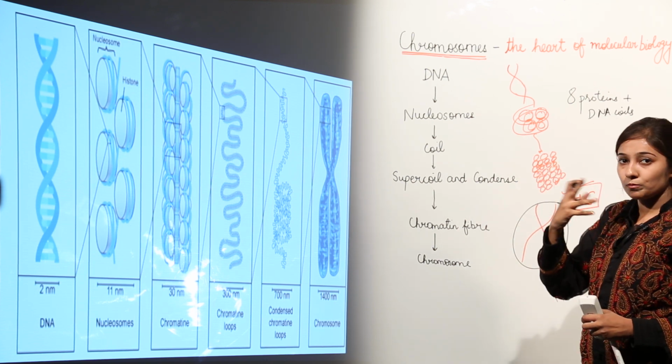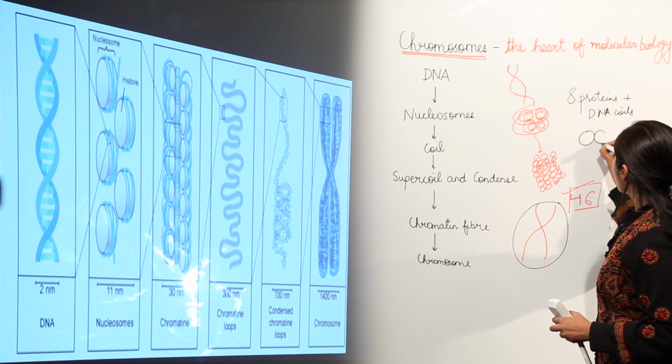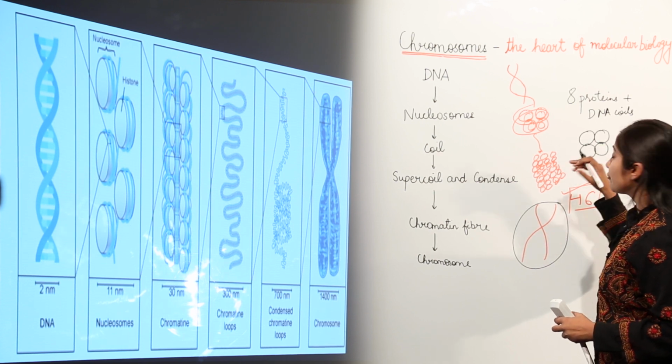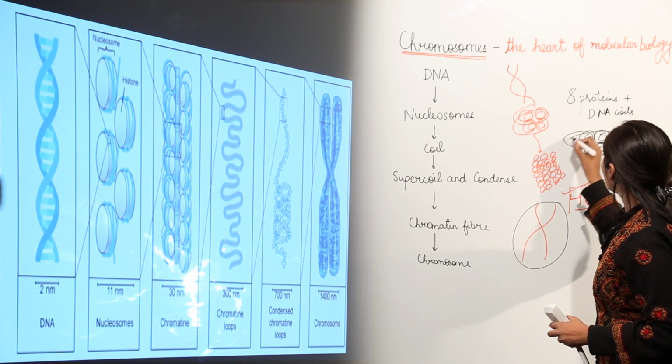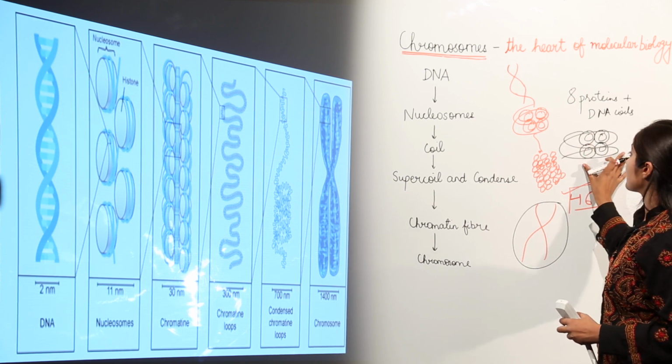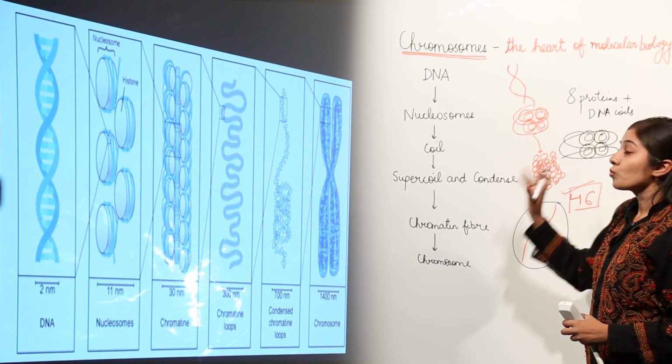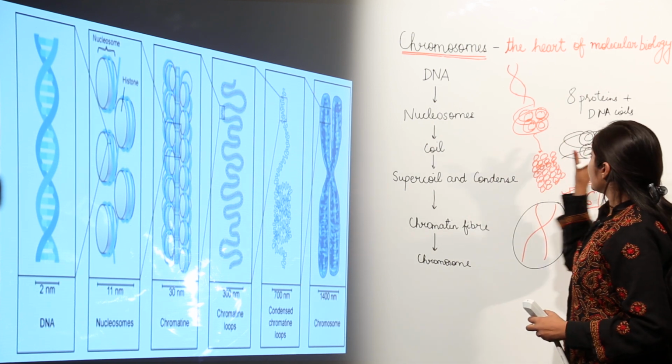So if I explain, it's like 4 at the front and 4 at the back, and the DNA molecule coils itself around this. So this is one nucleosome.